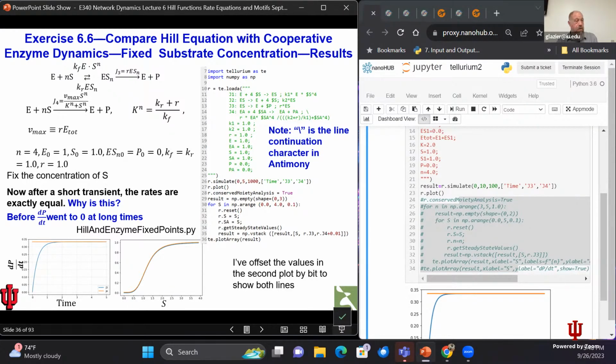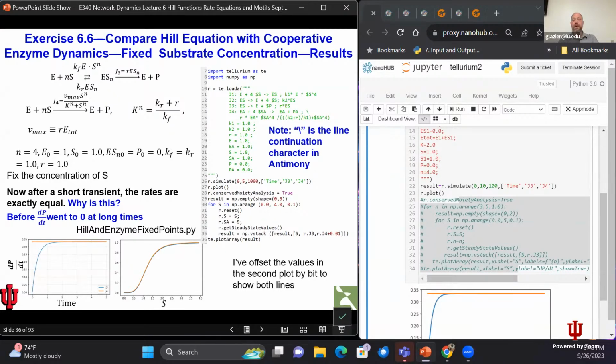So in this case, we've got a very strong statement, which is that the time dependence of these systems is different. The time dependence of the enzymatic reaction and the Hill function is different. But at steady state, if the amount of substrate is constant, the two are identical.